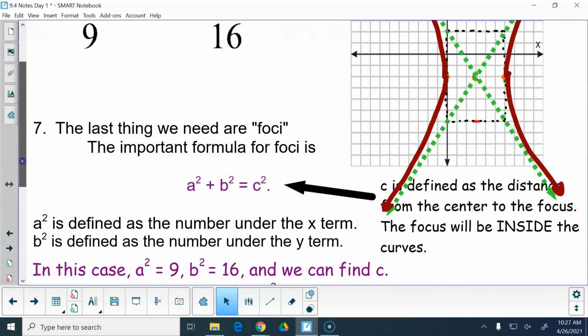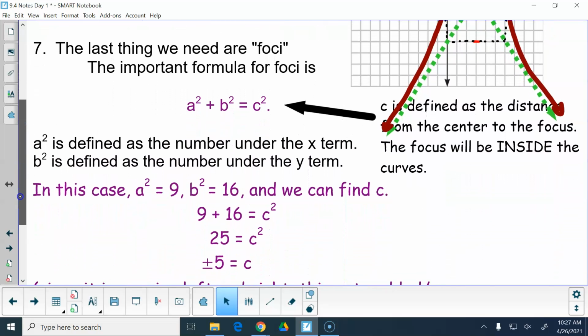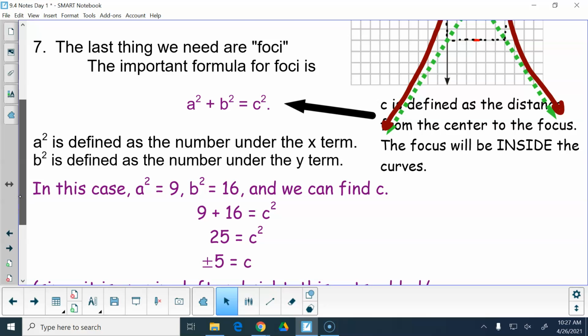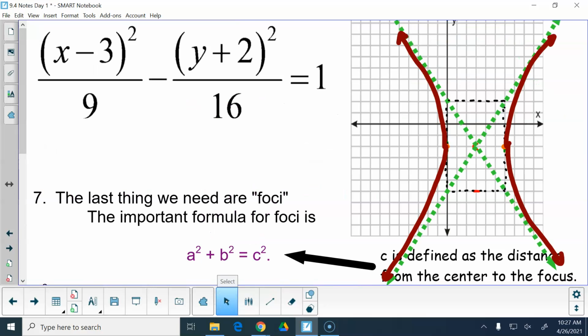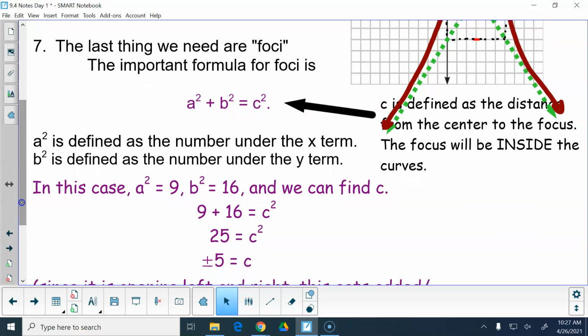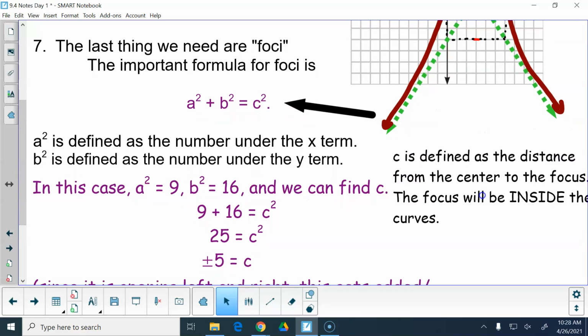One last thing is that we need to find the foci.